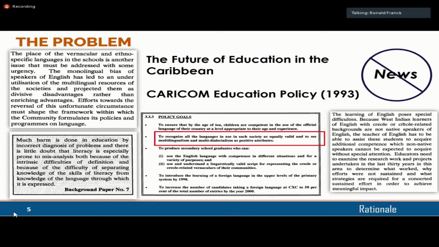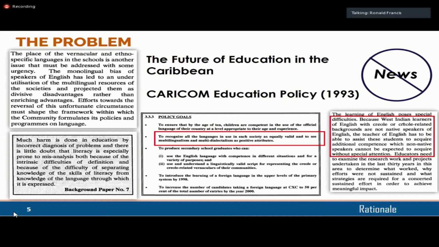But basically, it said that there's a need to recognize all languages in the society as equally valid, and to see multilingualism and multidialectalism as positive attributes. Linguists before me, of course, have said that West Indian learners of English with Creole or Creole-related backgrounds are not native speakers of English.